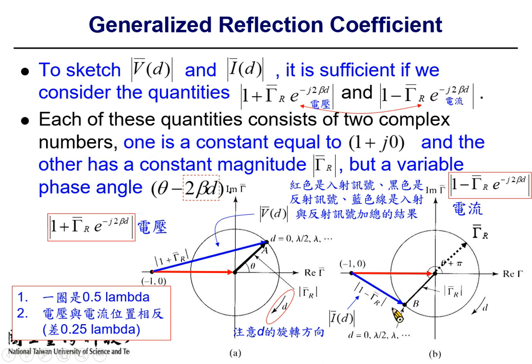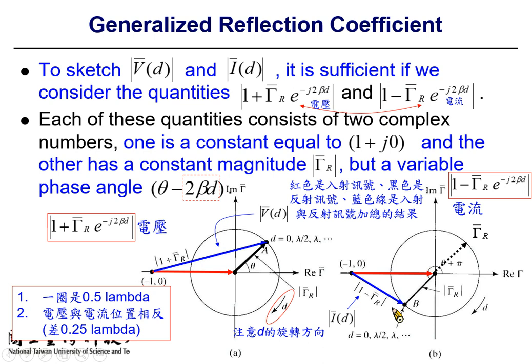So the red arrow are incident signal. The black arrows are the reflected signal. So here we suppose the left is total voltage and to the right is total current. So what is the phase difference between total voltage and total current for this specific case?